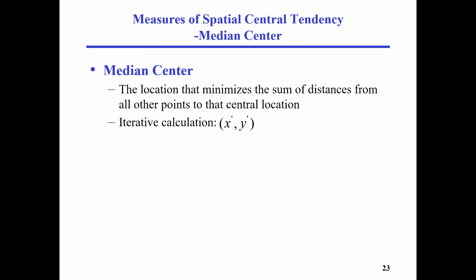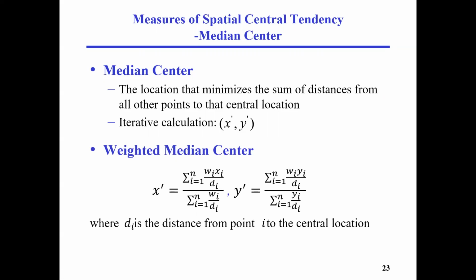Okay, that's median center. And just like mean center and weighted mean center, we can still apply this idea of weights to median center and add WI to the statistics and find out weighted median center.